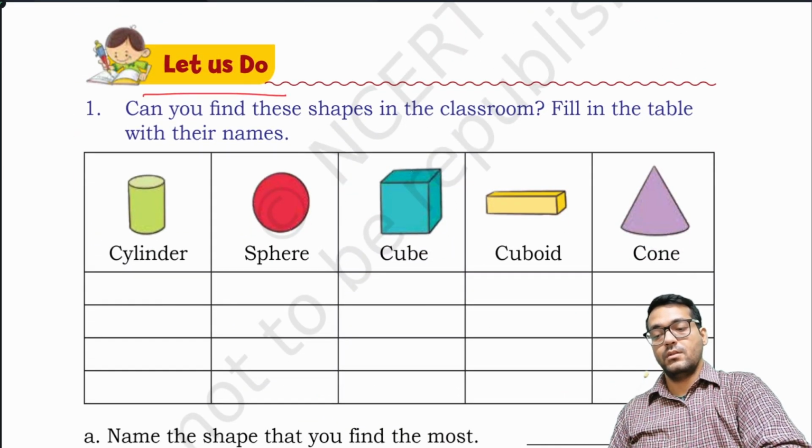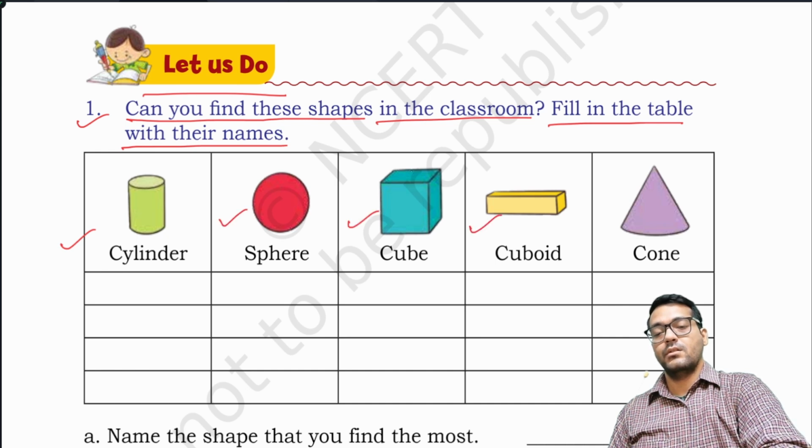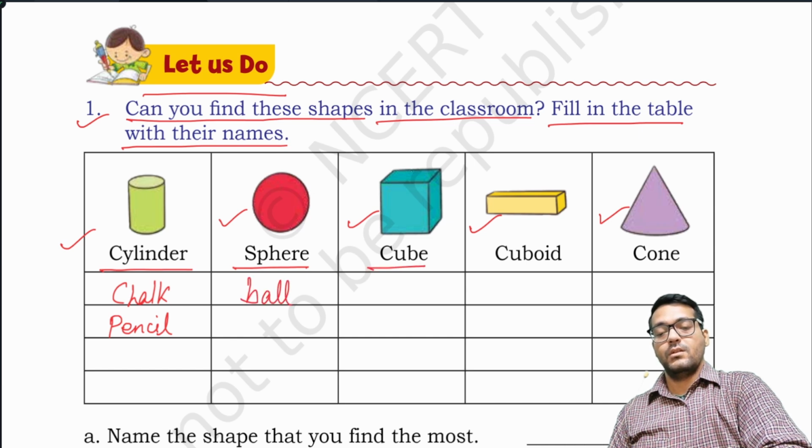Let us do 1. Can you find these shapes in the classroom? Fill in the table with their names. Cylinder, sphere, cube, cuboid, cone. Objects having shape like cylinder could be chalk, your pencil. Object having a spherical shape, that is a ball. Cubical shape, that is dice.